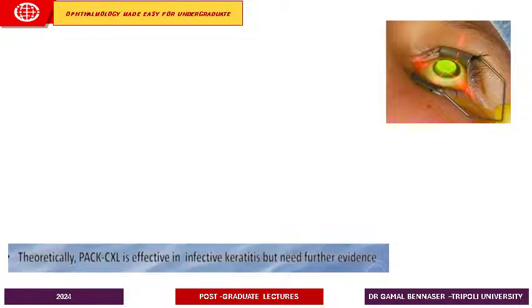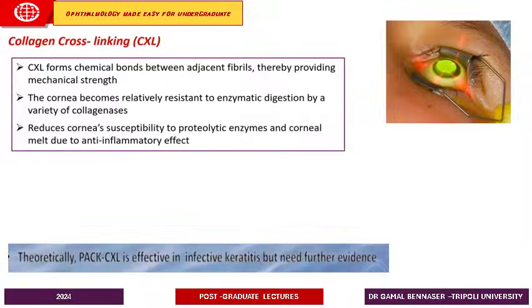Another alternative modality for managing infective keratitis is collagen cross-linking. Now, the use of collagen cross-linking in infective keratitis has been the subject of a large debate between doctors regarding its usefulness, especially in superficial keratitis, namely bacterial and fungal keratitis.